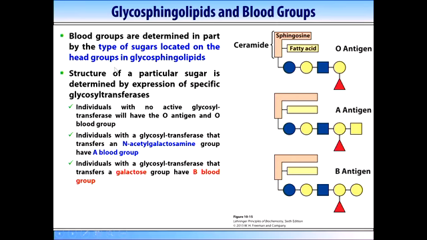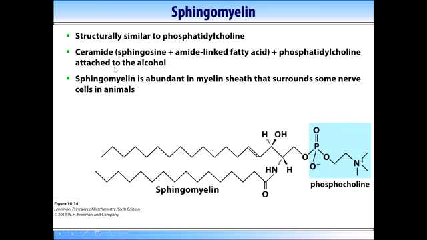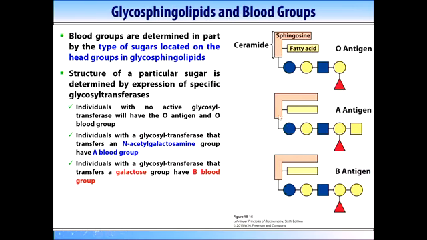If we go back to the formula, the bottom part is the same; instead of phosphocholine, we would have a sugar or oligosaccharide attached. The structure of a particular sugar is determined by the expression of specific glycosyl transferases, enzymes that attach a particular sugar to a particular sphingolipid.